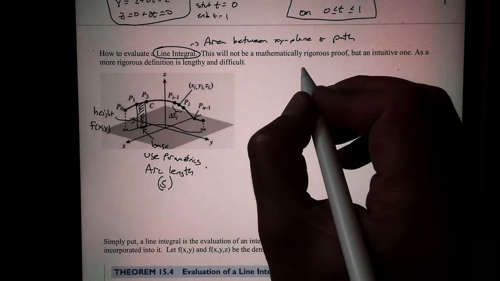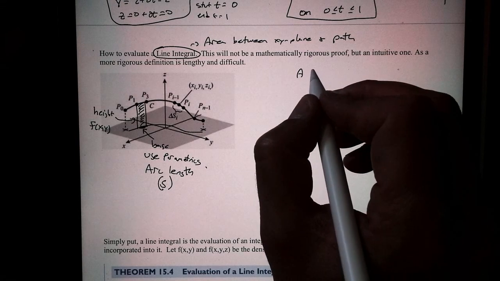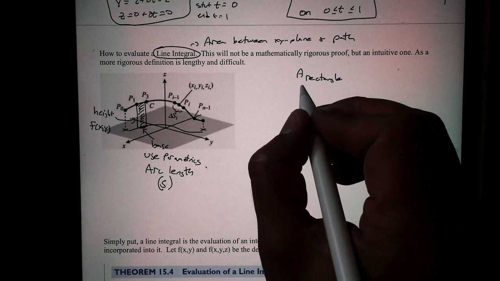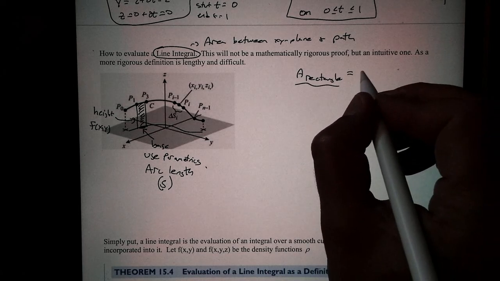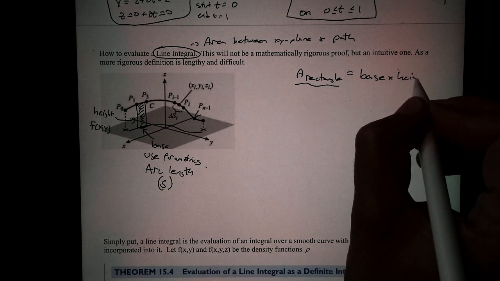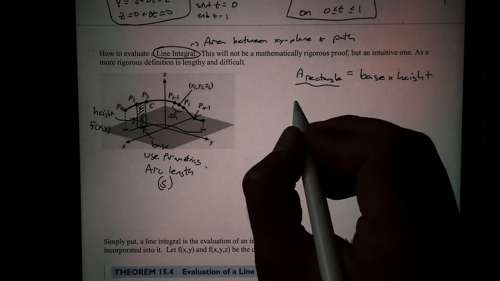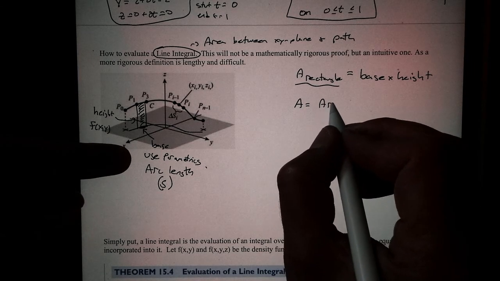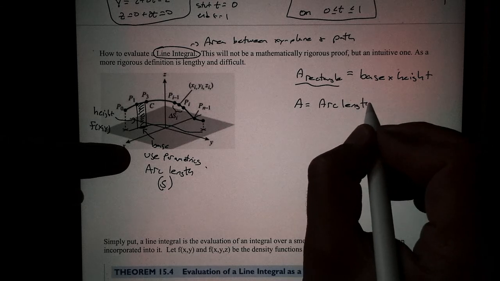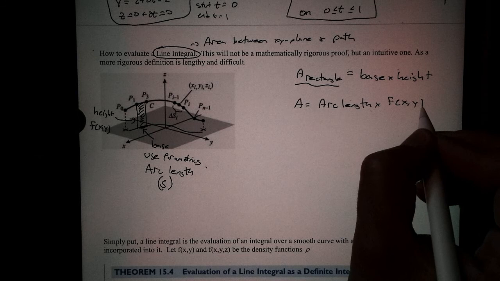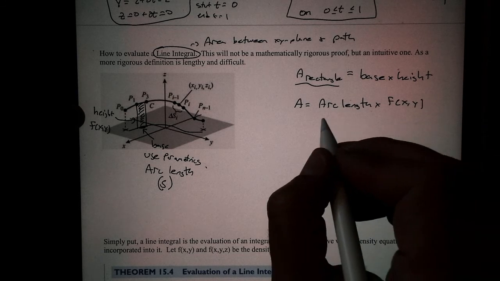So let's talk about the area of a rectangle. We know from Algebra 1 that the area of a rectangle is the base times the height. If I were to write this now, my area here would be the base, which would be my arc length, times the height, which is f of x, y.